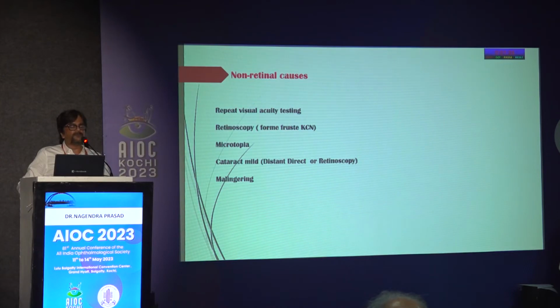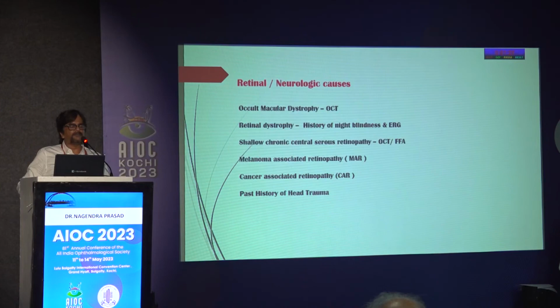Retinoscopy helps look for forme fruste keratoconus, microtropia, and mild cataract. If you do distant direct ophthalmoscopy, you can reveal the information, and malingering. Other causes include occult macular dystrophy, which can be revealed with OCT and careful examination.